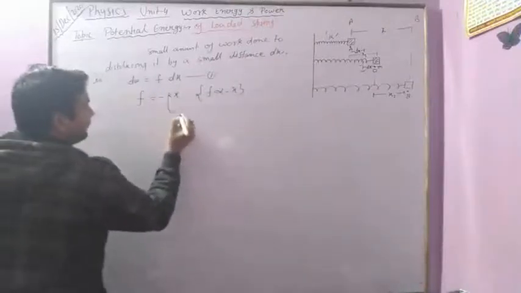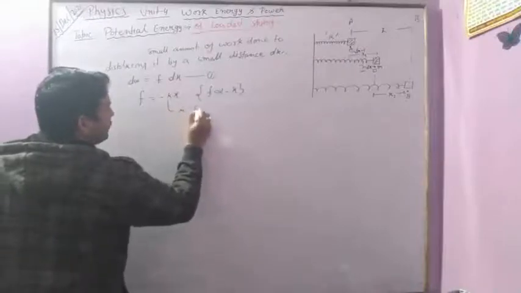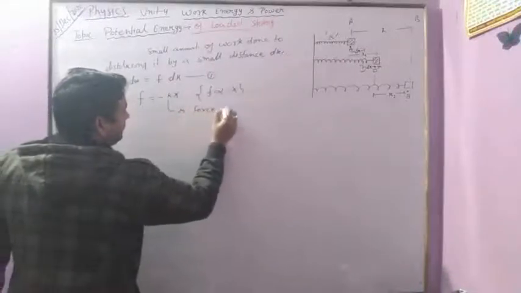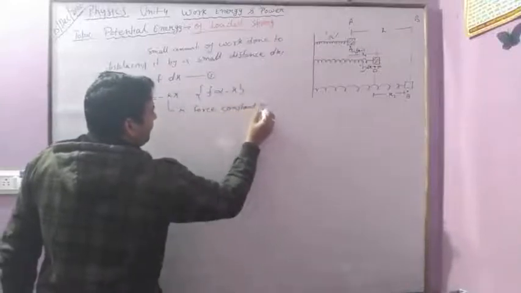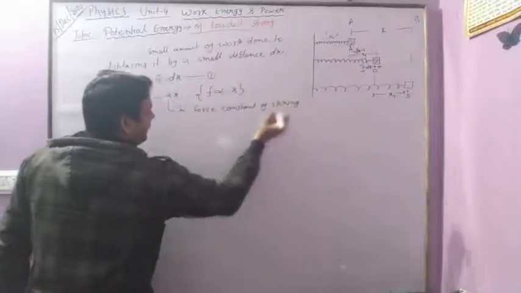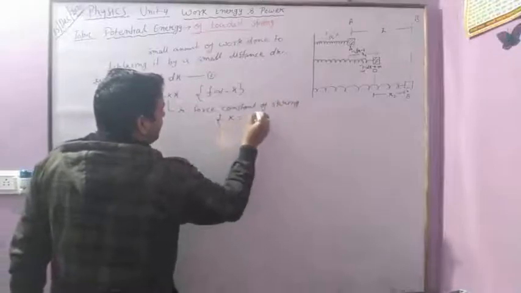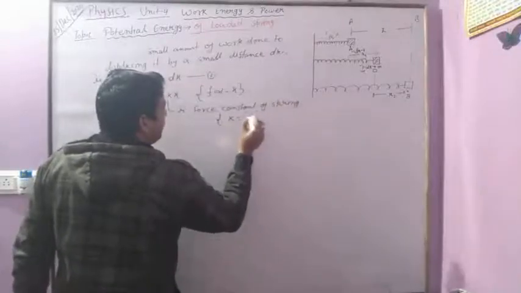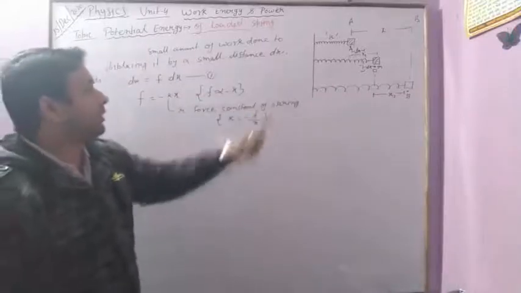Here k is the force constant of the spring, which is calculated further: k is equal to F upon x. This is how we calculate the force constant of the spring.